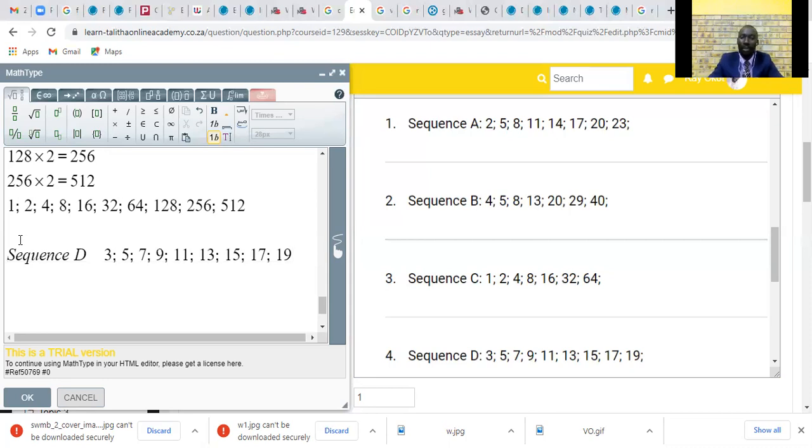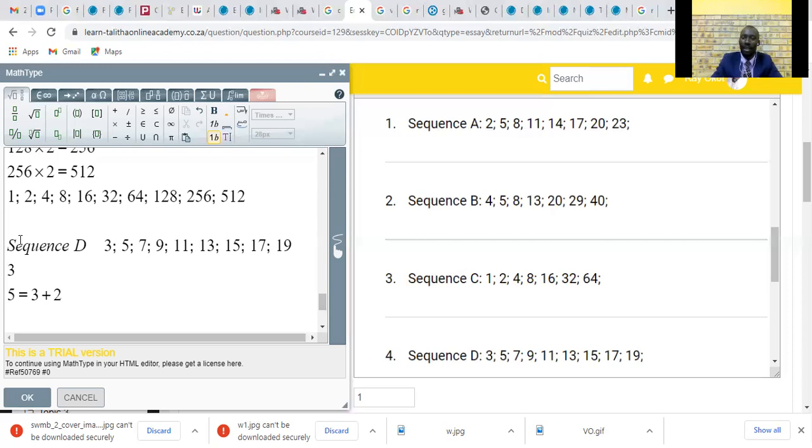Now, the first term is 3. The second term is 5. How did we get there? Well, something was possibly added onto 3. The next term is 7. How did we get there? Well, something was possibly added onto a 5.